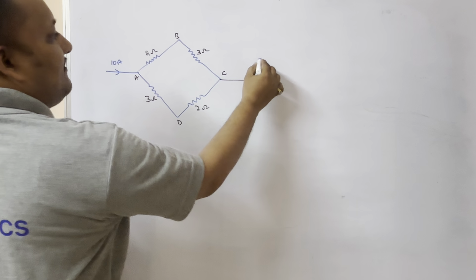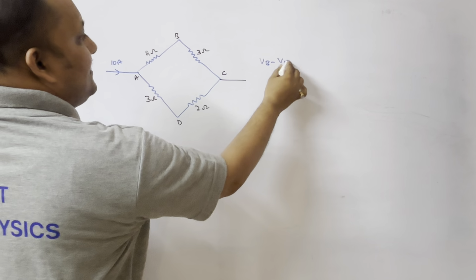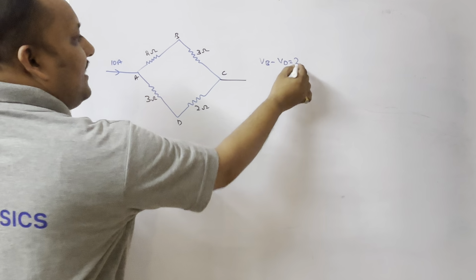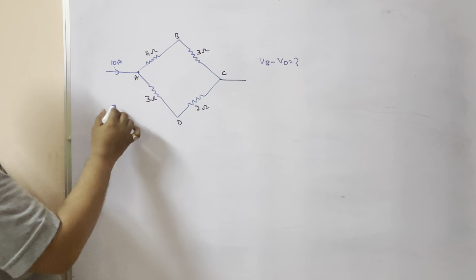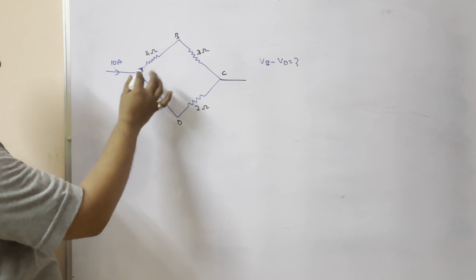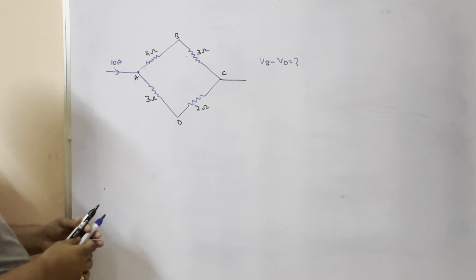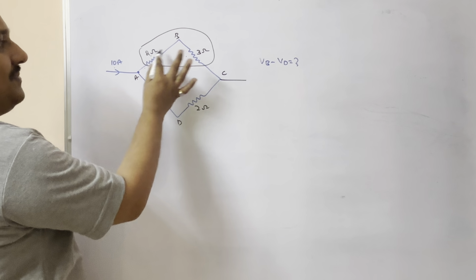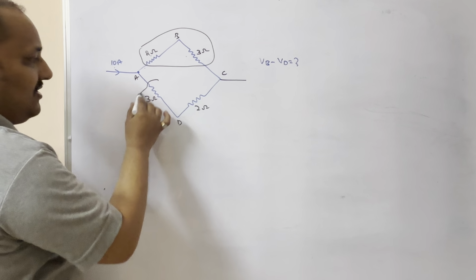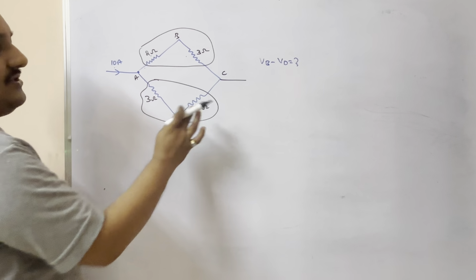So VB minus VD, let us assume we want to calculate. Then we will see how to calculate. Here 10 amperes current is entering at A. Whenever it is going to divide, we should know how these two resistors are connected. These two resistors are connected in series, 2 plus 3, 5 ohms. These two are also connected in series, 3 plus 2, 5 ohms.